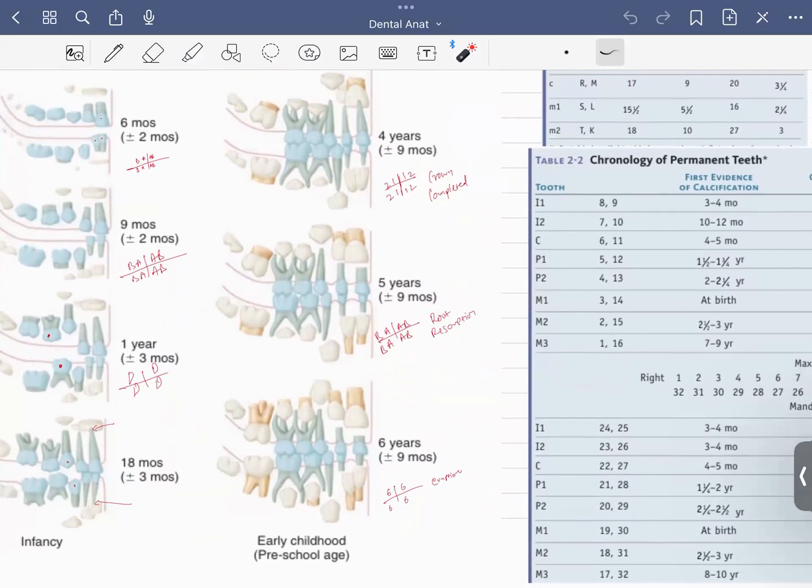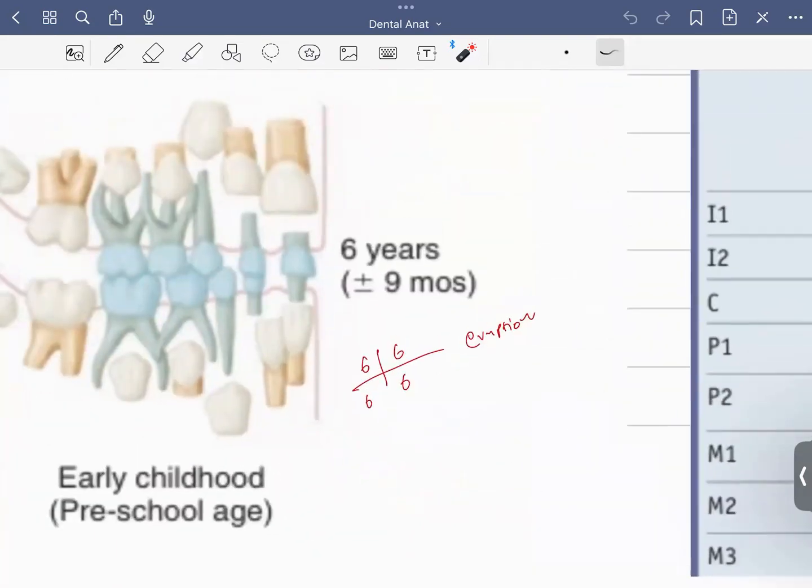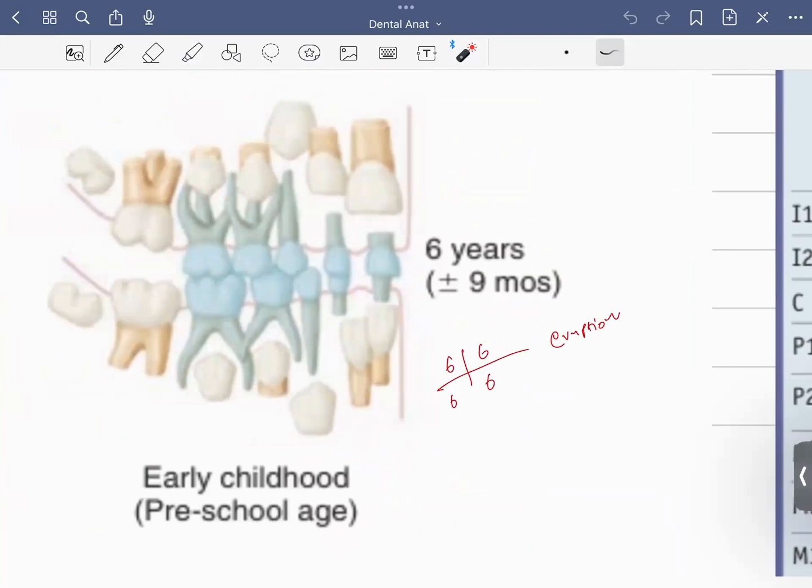After that, we have the 6 years age group. 6 years, simply we can remember, if the maxillary and mandibular permanent first molars are erupting, the age group will be 6 years. It is simple for everyone, nothing else to identify it from, just eruption of the maxillary and mandibular first molar will identify the condition as 6 years plus or minus 9 months. Clear?